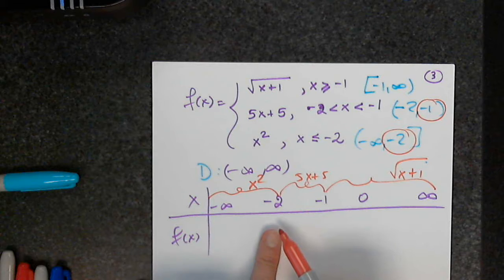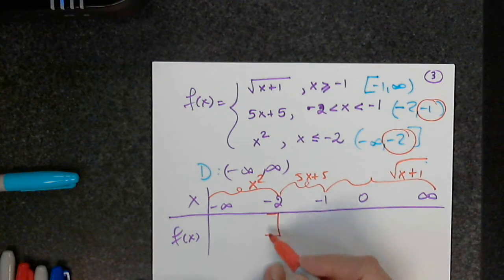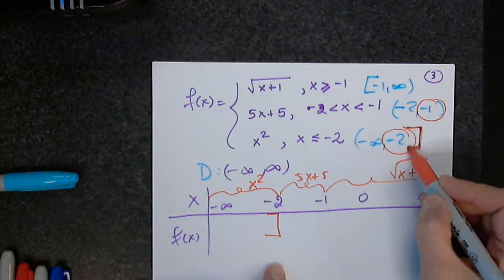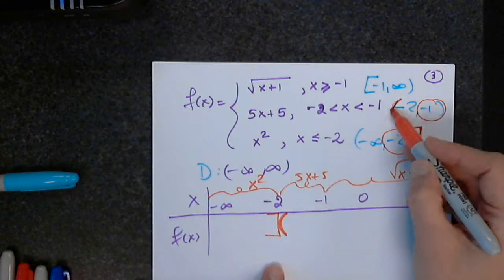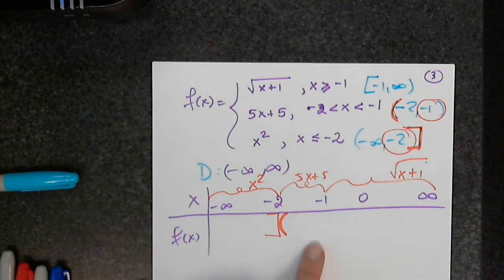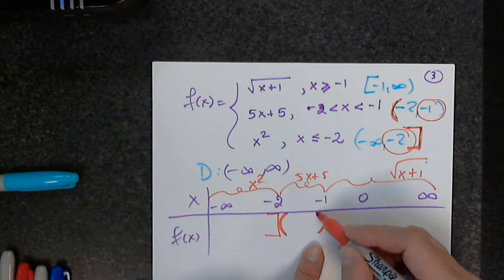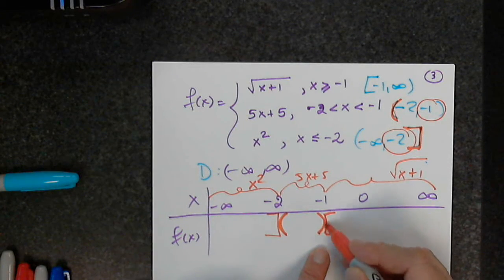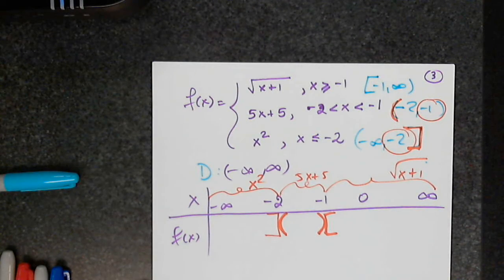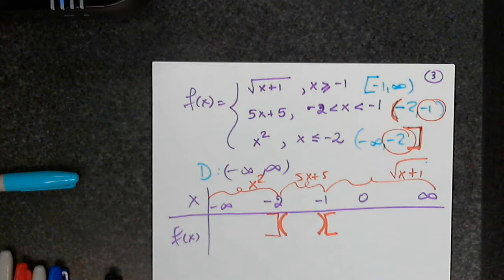Under -2, a bracket to the left and a parenthesis to the right. What are the symbols under -1? Parenthesis to the left and bracket to the right. Very good. Well done.